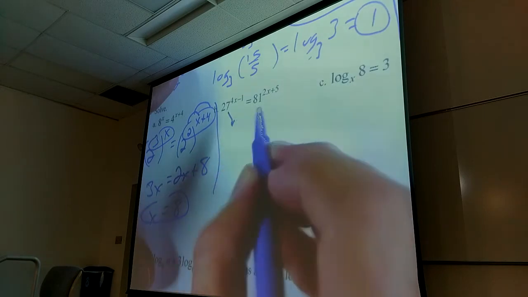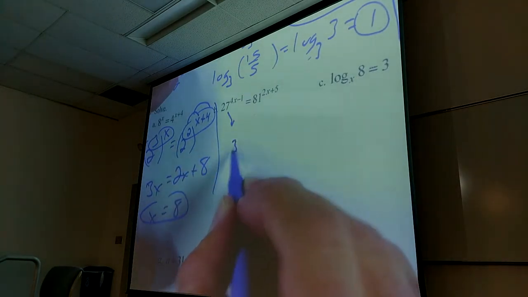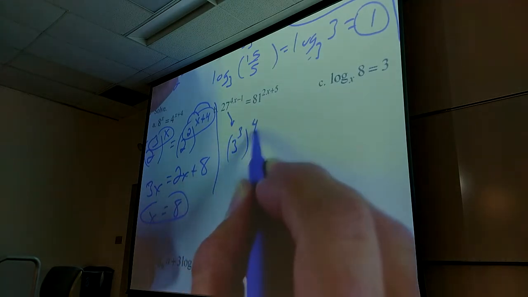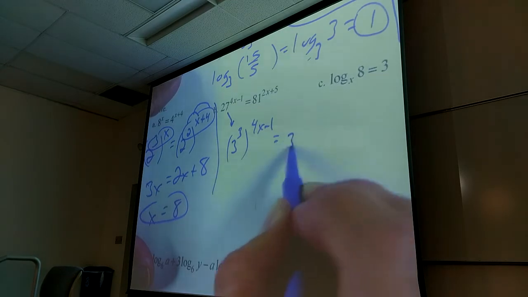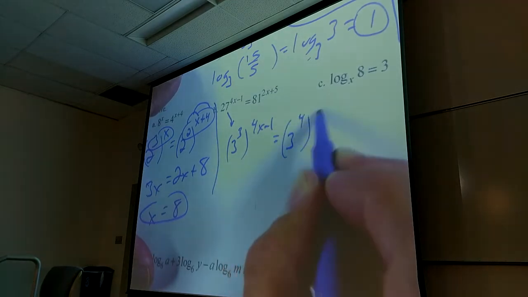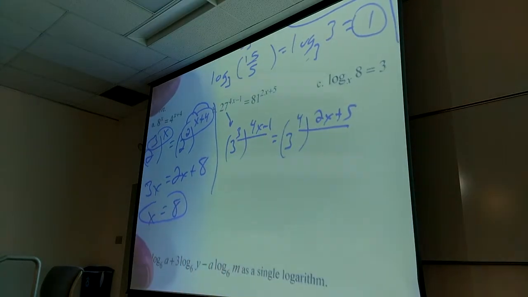So how do you do this one? 27 is 3 to the third. And then 81 is 3 to the fourth. So the base is the same, so now I can just focus on the exponents.